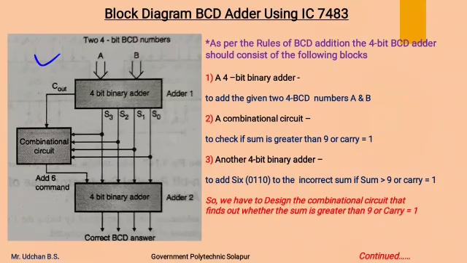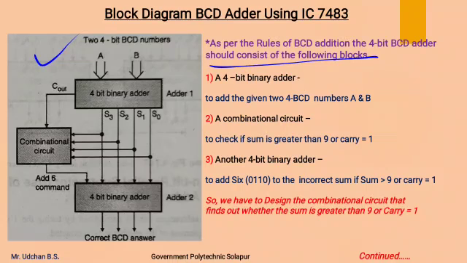Now this is the block diagram of the BCD adder using IC 7483. As per the rules of BCD addition, the 4-bit BCD adder should consist of the following blocks, by which all the rules can be followed by the circuit which we are going to design.